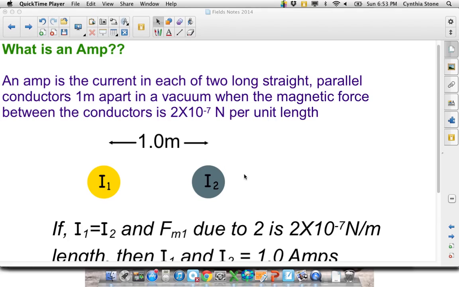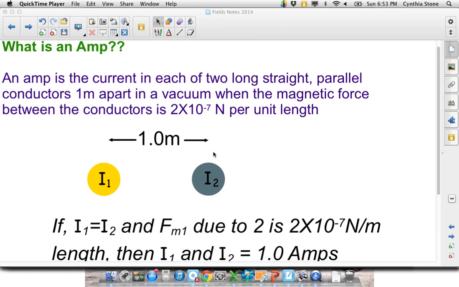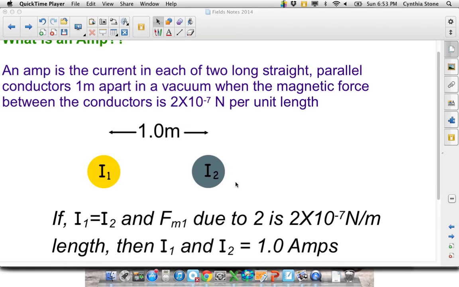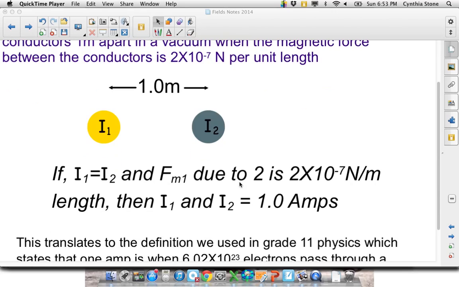So you have two conductors that are 1 meter apart, and an amp is by definition the amount of current flowing in each of them if the magnetic force is 2 times 10 to the negative 7 newtons. So if you measure the magnetic force on this one due to this one, it would be 2 times 10 to the negative 7. And that means they're both carrying an amp, assuming they're both carrying the same current. And that's an amp, as lovely as that is.